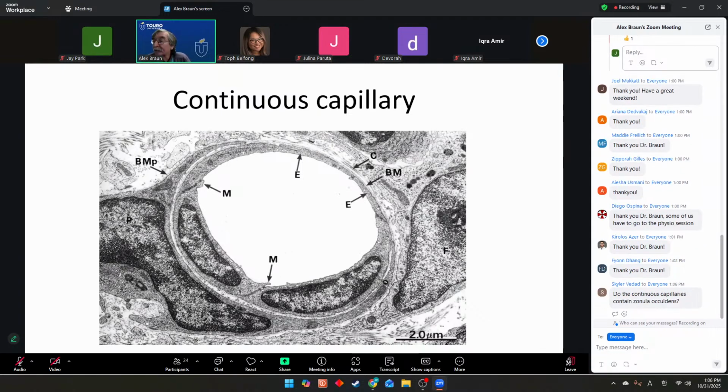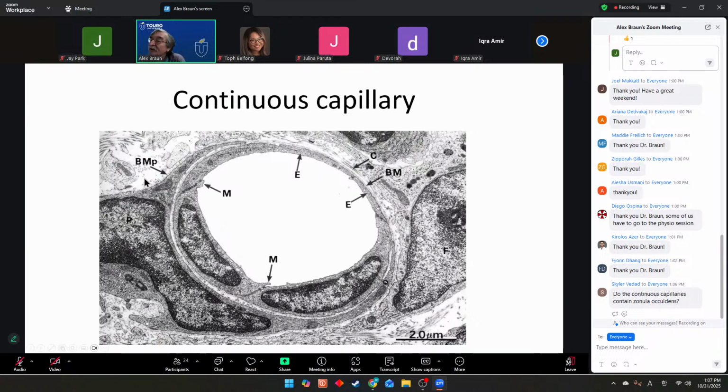If there was injury or need to make new capillaries, they may be able to give rise to endothelial cells, smooth muscle cells. They may be able to give rise to non-vascular cells, even non-vascular mesenchymal cells, such as bone cells, osteocytes, and cartilage cells, chondrocytes, and even other mesenchymal cells as well. So they do some important things.